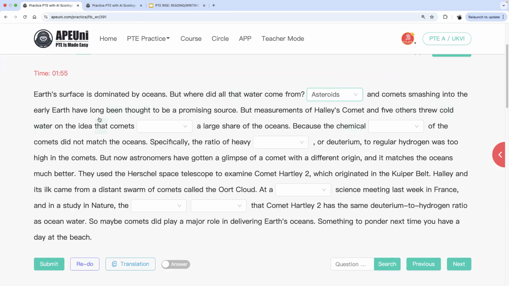Threw cold water on the idea that comets dash a large share of the oceans. Rival is like having enemies. Hybrid is like mixing up things. This diapered provided.